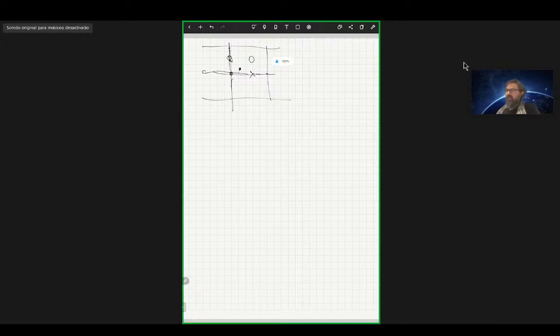You see this, if I put an atom here, inversion will take it here, but this distance is not a translation. So I cannot move it back. So the symmetry group of this atom, the point symmetry group, is identity. It has no symmetry.